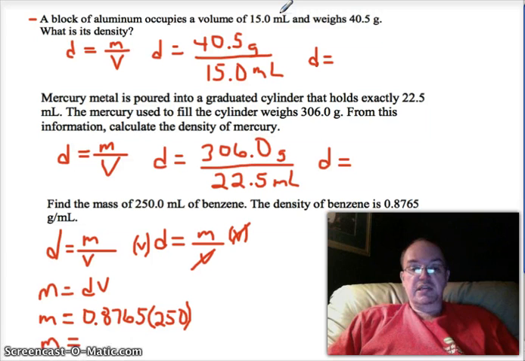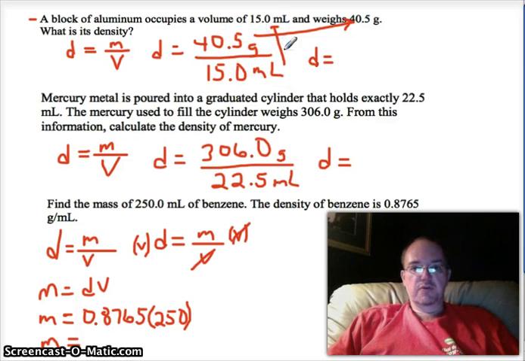So whenever you see in your book centimeters cubed, then that's going to be equal to milliliters. But anyway, we have density equals mass over volume. We're substituting in 40.5 for mass, and we're substituting in 15.0 for the volume, and we're going to find the density.